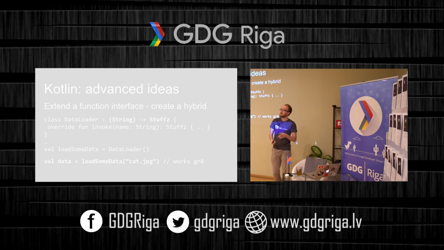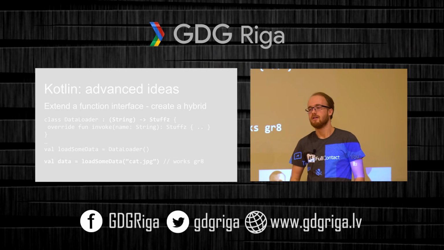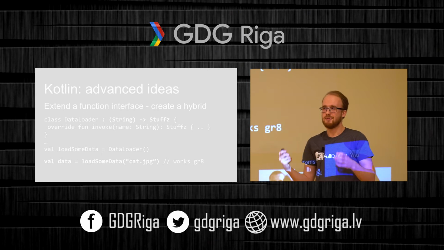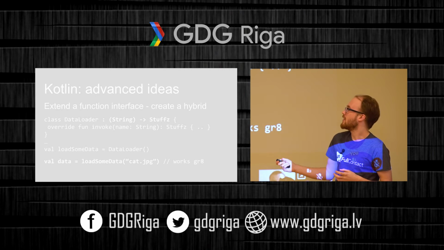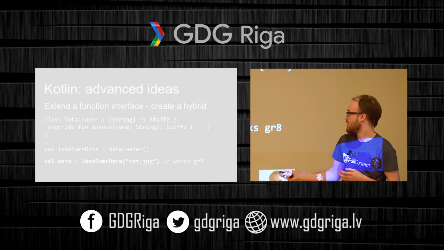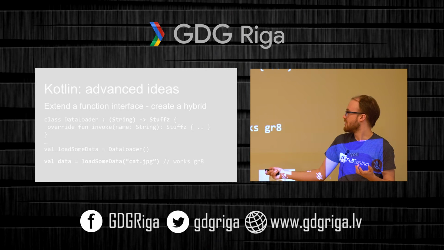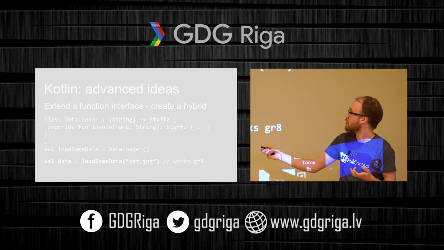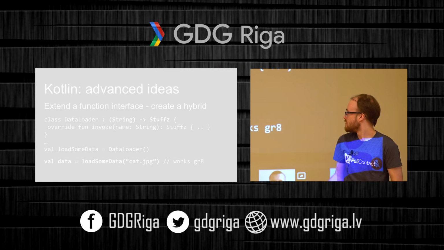And it's actually something that you can extend. You can extend a class from a lambda or functional interface. If you do that, and if you override the invoke method, you can use your class in some interesting ways. This is actually an object, not a function, not a method, and this calls that object's invoke method, and it works great.